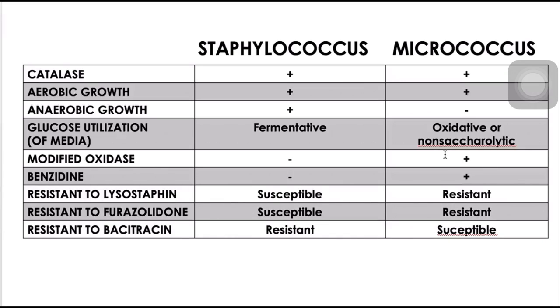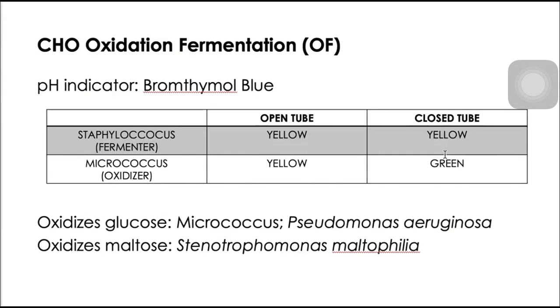Speaking of the glucose utilization test, or the carbohydrate oxidation fermentation test, we are using here bromthymol blue as the pH indicator. Bromthymol blue will change to yellow in the presence of an acid, while for alkaline it will turn blue.